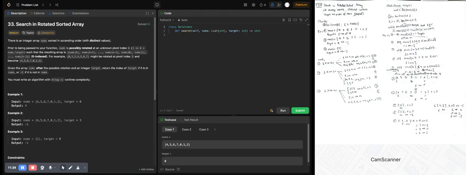Okay, so how are we gonna do this? Let me just write down the conditions here. Condition 1: left, mid, and right in order, then we continue to do a binary search as usual.